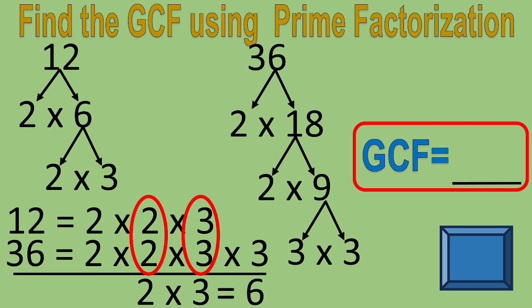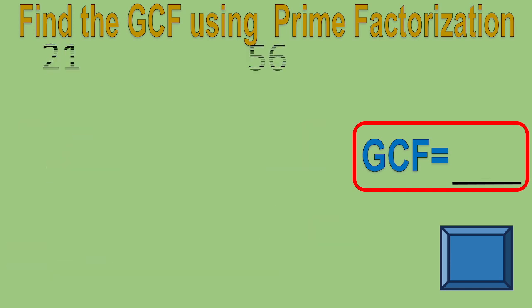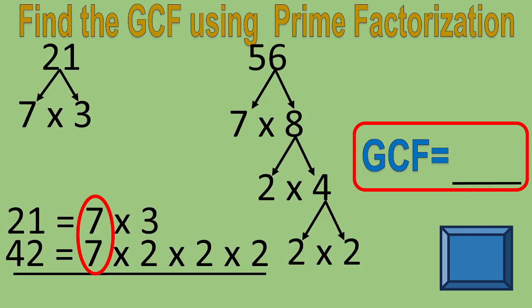The greatest common factor is 6. Another, 21 and 56. Time's up. The common prime factor is 7. So the GCF is 7.